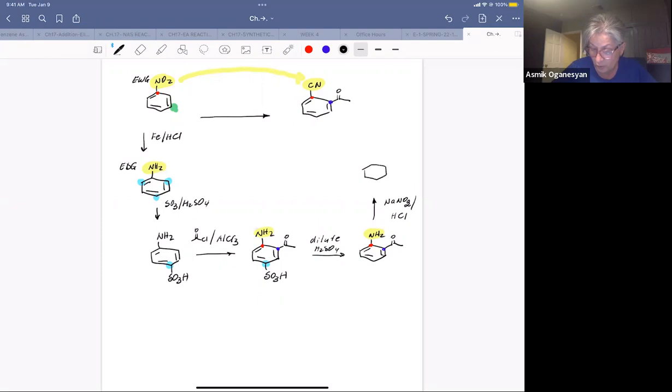We'll form diazonium salt, which is an electron withdrawing group. Okay, and then it will be converted into nitrile by reacting it with potassium cyanide. And that will give you the outcomes of the reaction.